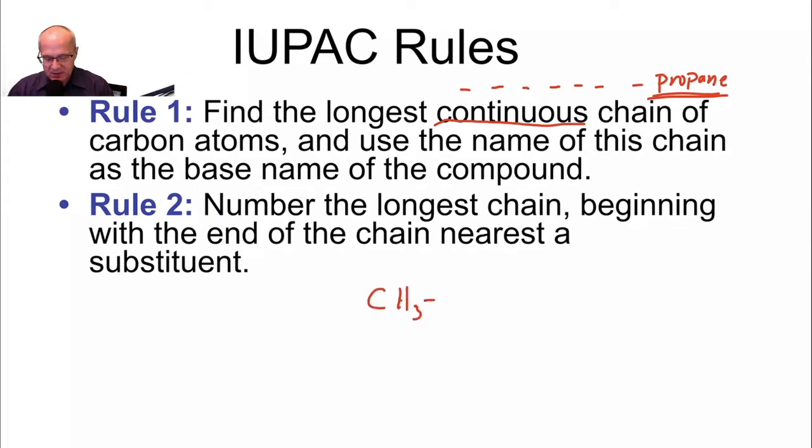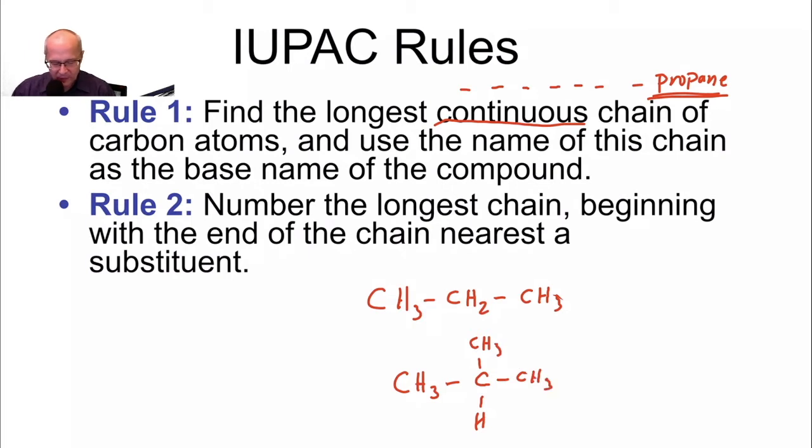CH3, CH2, CH3. And let's just say we had another molecule like this. Well, notice how in this carbon here, this is a propane, right? This is also a propane. The only difference is this one had 2 hydrogens.